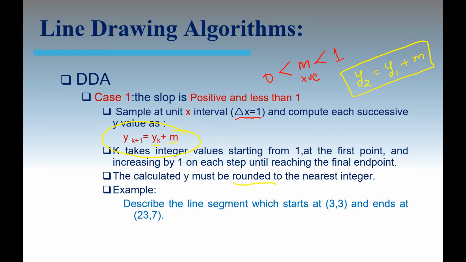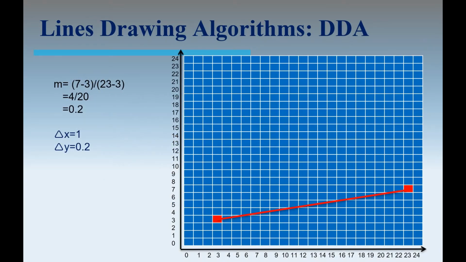Now let us take an example. Describe the line segment which starts at x1 equals 3, y1 equals 3, and ends at x2 equals 23 and y2 equals 7. Here this point is (3, 3), that means x1 is 3 and y1 is also 3.